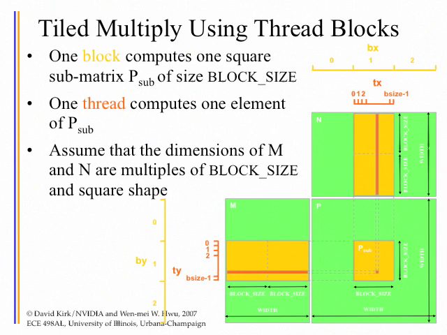So let's say, instead of just generating one block with width by width threads as in the previous version, now we say we're going to generate block width by block width, or block size by block size, threads in a block. And then we generate multiple blocks to cover the entire result array.